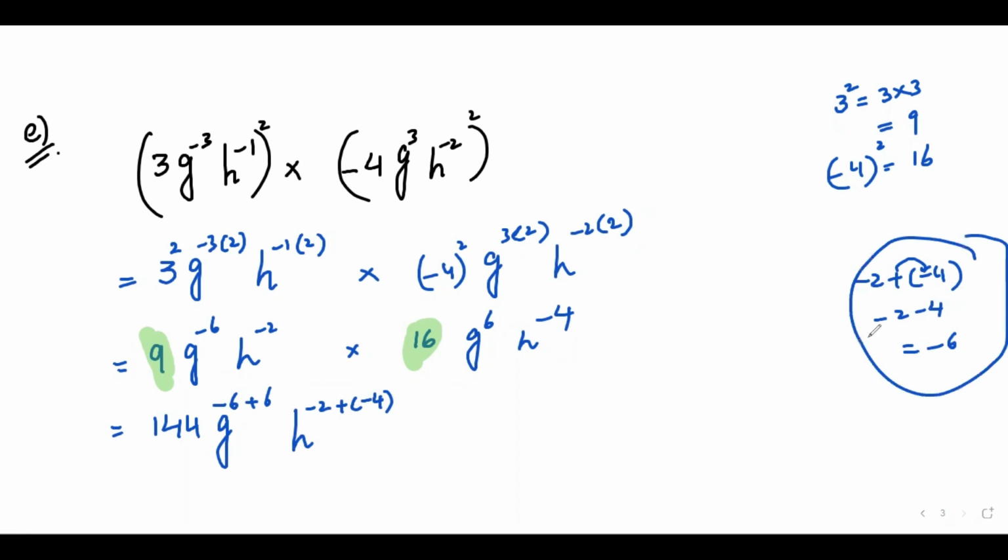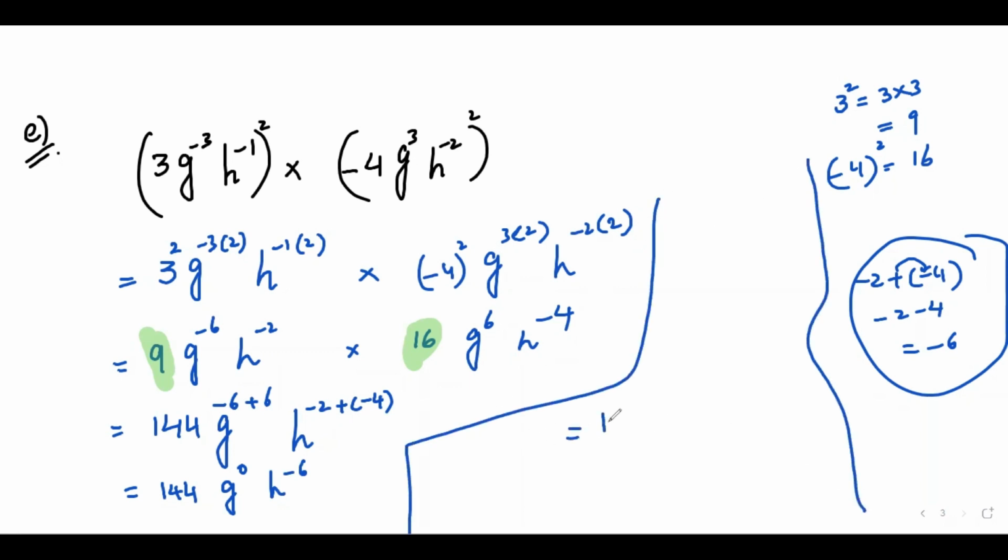Can I write directly into the next step minus 6 h power? Yes. 144 g power 0 h power minus 6. And then in the next step, you can write that 144 g power 0 means 1. As the h power is negative, I want the power positive, so I am bringing it down to the denominator. It will be 144 over h power 6.